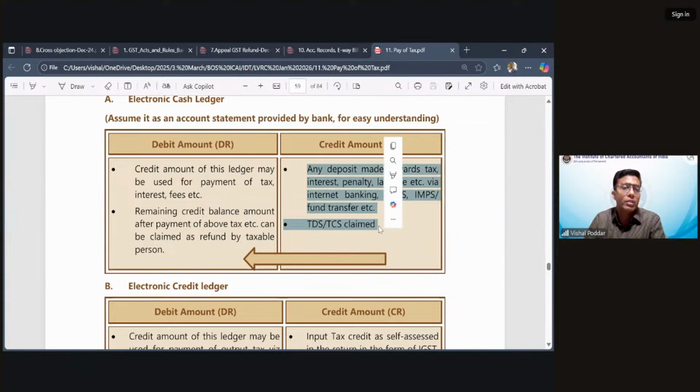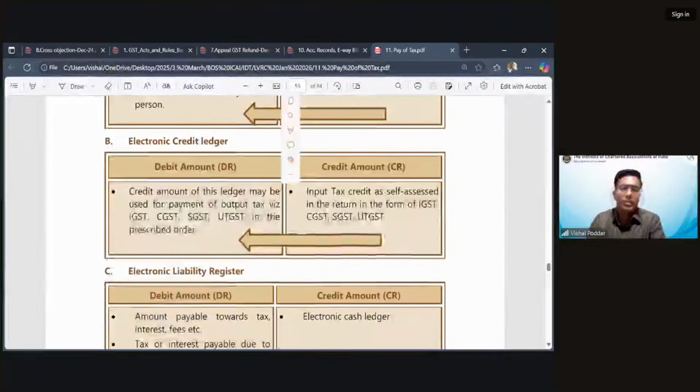And when this balance is utilized to discharge your tax, whatever amount you have utilized to discharge your tax, that amount will be debited. Remaining balance can be carried forward, or if you want, you can get it refunded. Similarly, in your electronic credit ledger, the same thing happens.